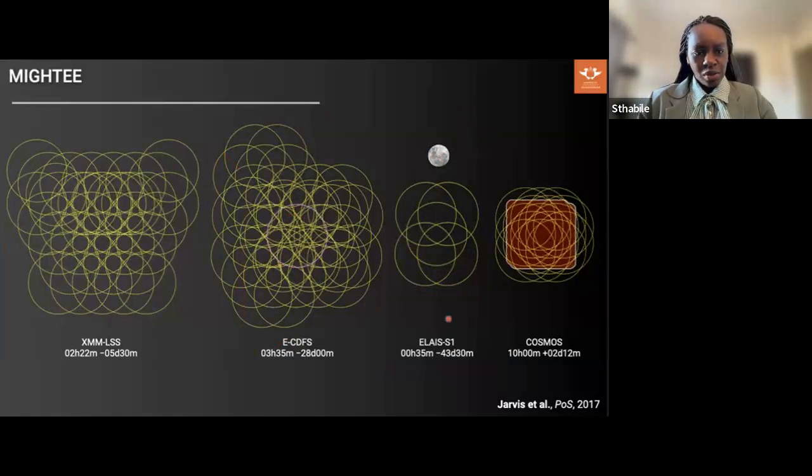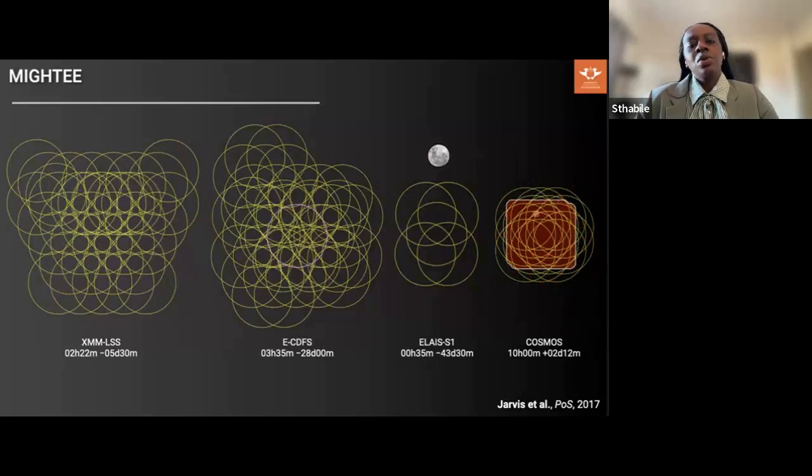And you'll also notice that we've included a field over here, this square field. This is the area that's been targeted by the VLA 3 gigahertz COSMOS survey. And there is complementarity in area, of course, for MIGHTEE data release 1, that we have sufficient coverage now in the L band with MIGHTEE, which has a central frequency of 1.3 gigahertz.